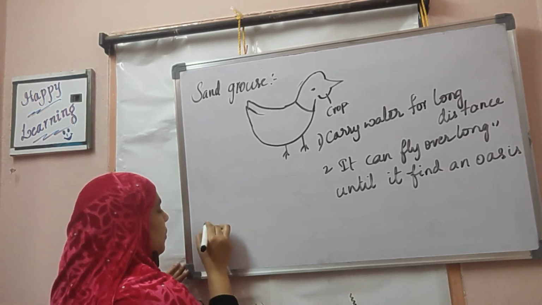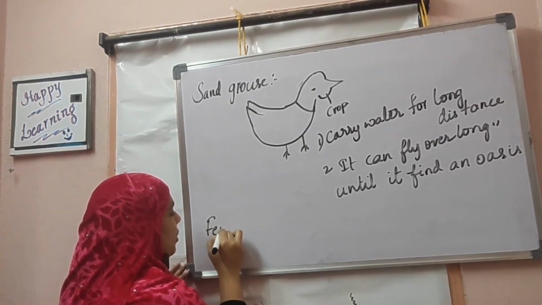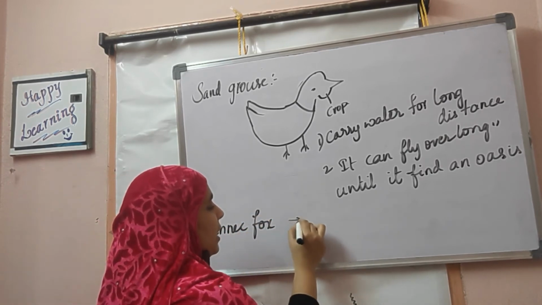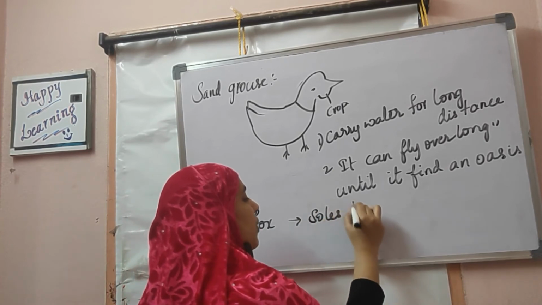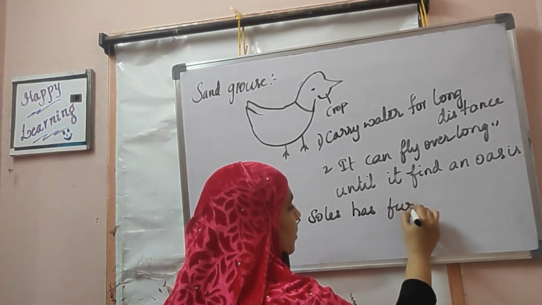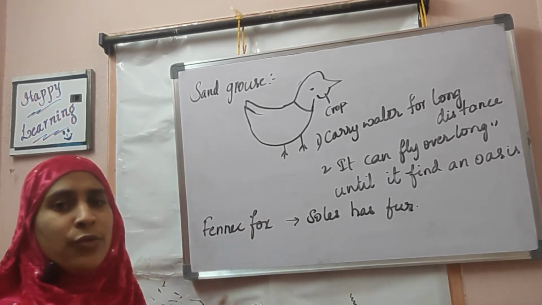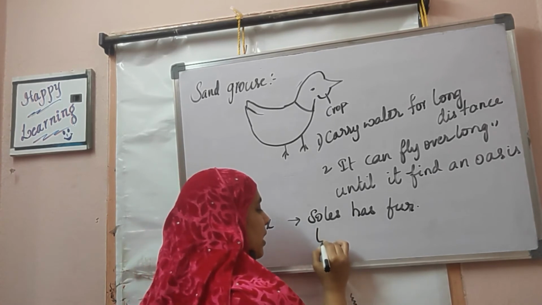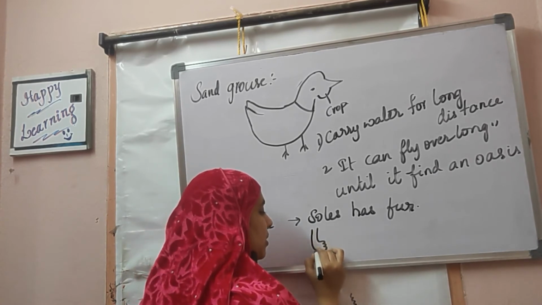And finally, we'll discuss the fennec fox. Fennec fox is a desert fox. Its sole has fur. Sole means the end of the feet. If you see a fox, you know that its feet do not have fur. They are simply bare.